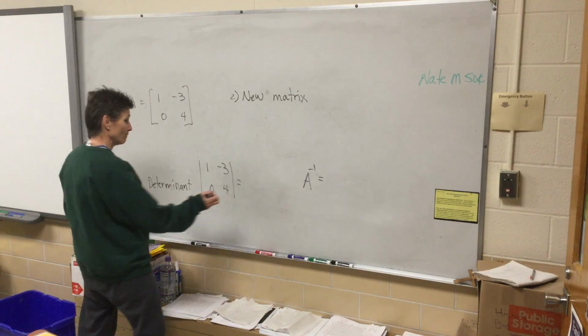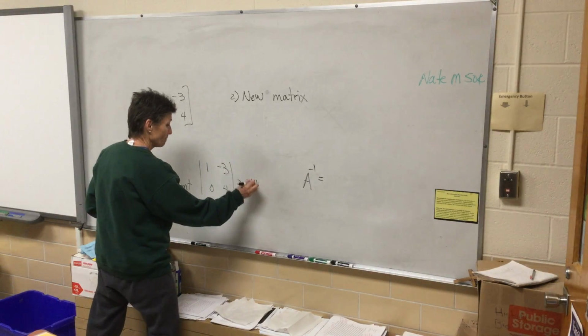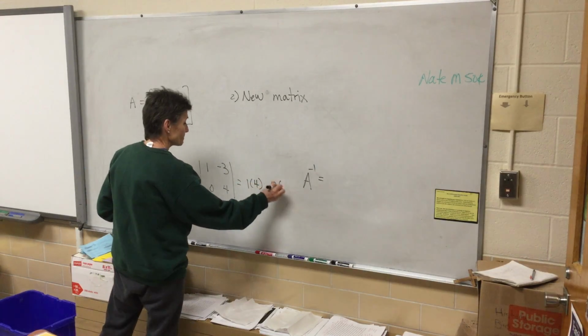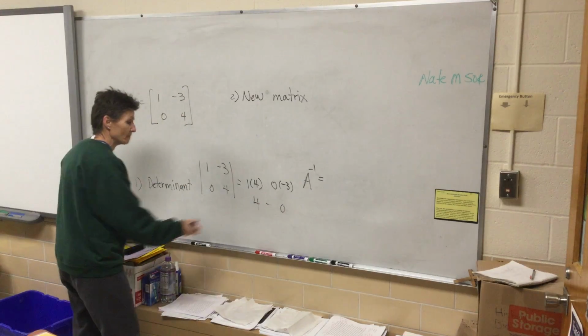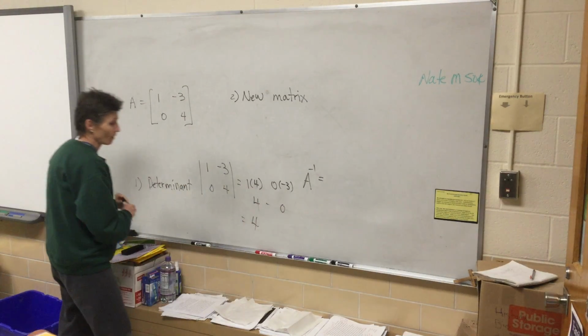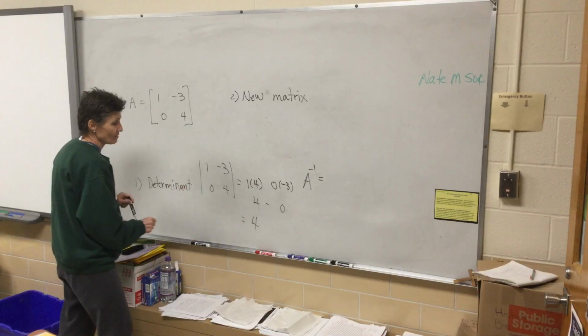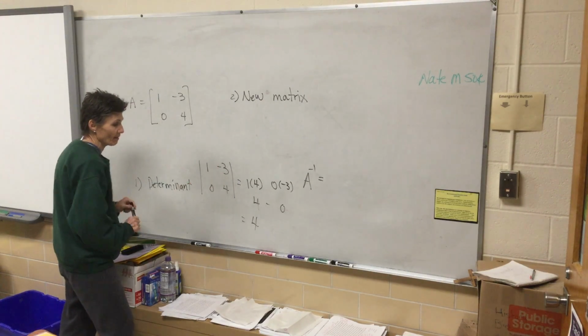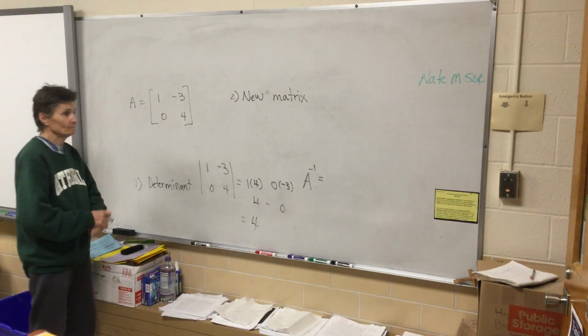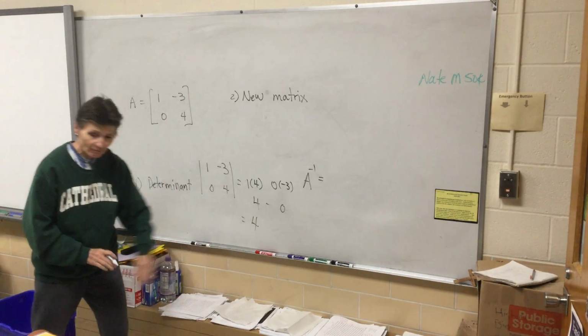Yes! Perfect, beautiful. It's 1 times 4 and 0 times negative 3, so that's 4 and 0, and you subtract them. So the determinant is 4. 4 minus 0, always down, minus up. Down, minus up. Perfect, 4. Now just hang on to that for a second.